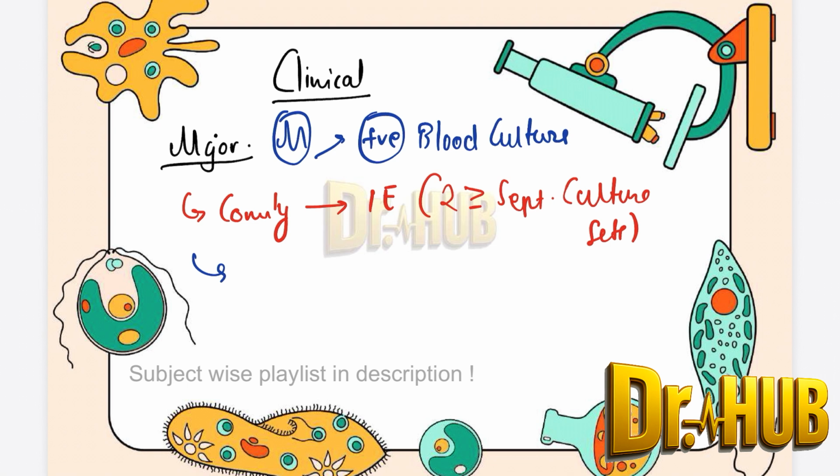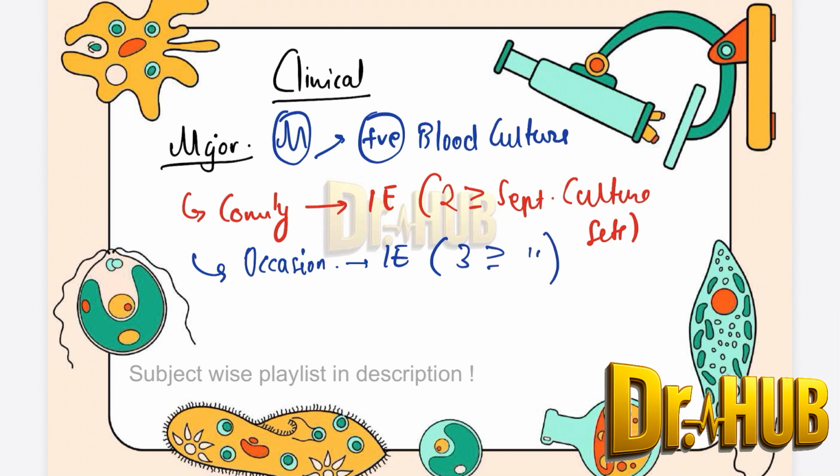The second one is isolation of microorganisms occasionally causing infective endocarditis from three or more separate culture sets.